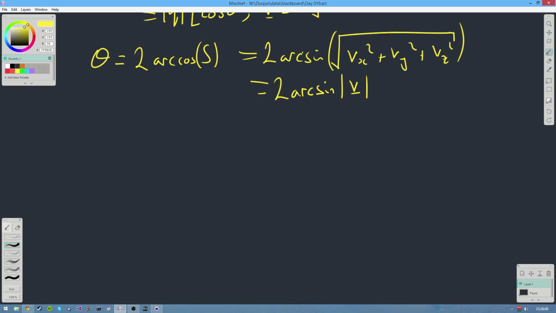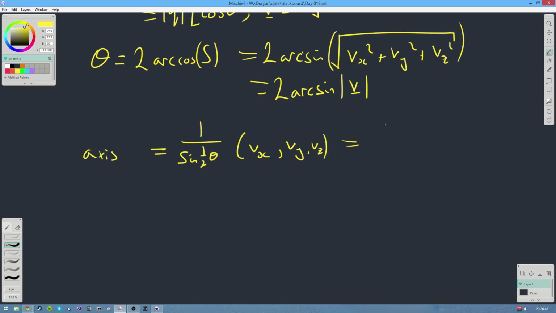Now, another way to get the axis of rotation: the axis of rotation can be got from 1 over sine of half theta times vx, vy and vz.